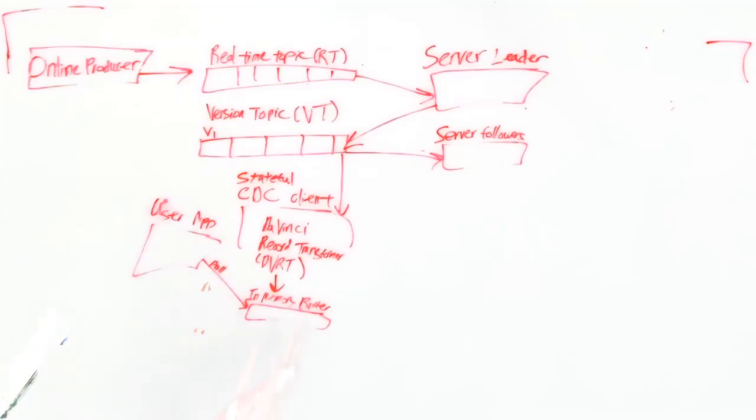Additionally, after writing into the in-memory buffer, we also write into RocksDB. What happens inside the user app after they pull these events? They can decide to do whatever they want with it, such as transform it or store it anywhere else.